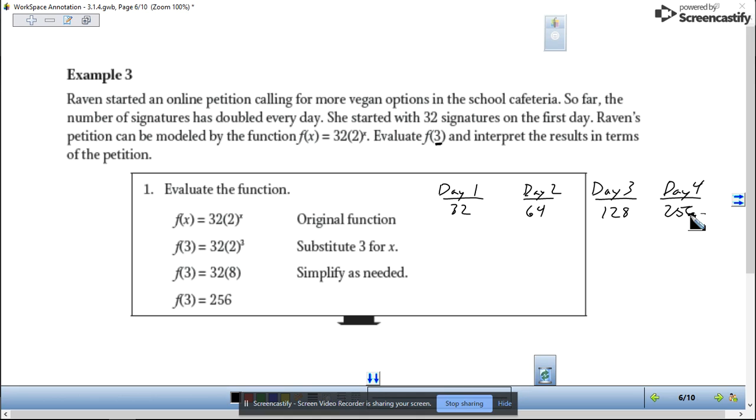Just have to be aware of what it means in the context of the problem. They've already done the work, right? They evaluated 3, they plugged it in for x, and then 2 to the third was 8, and then 8 times 32 is 256. So on day 4, there are 256 signatures.